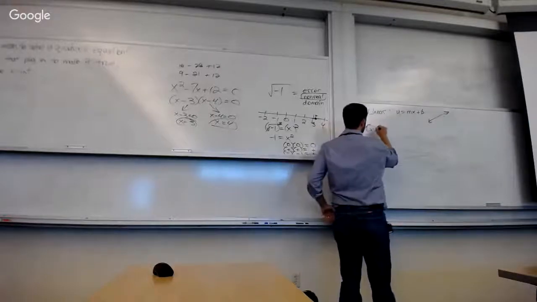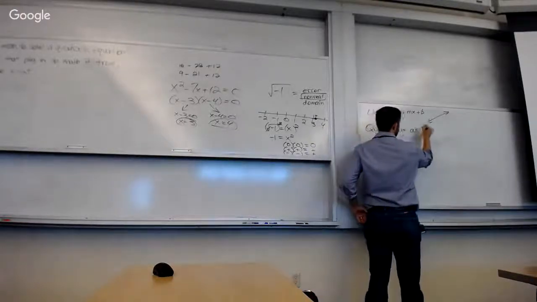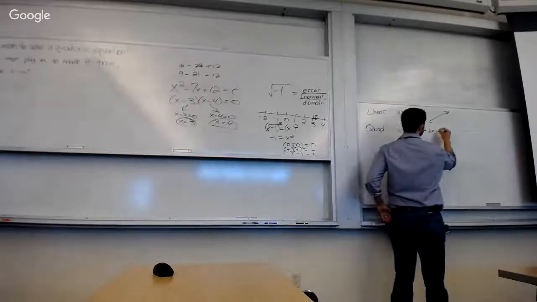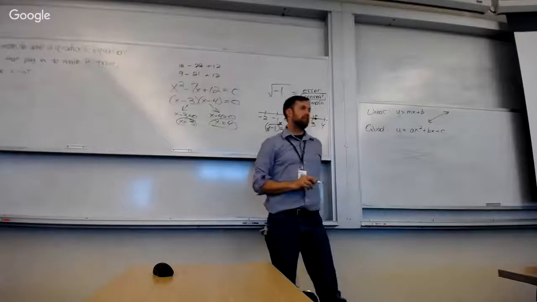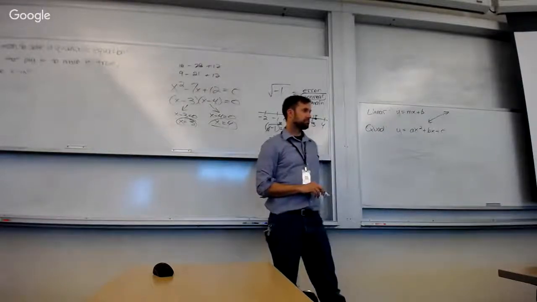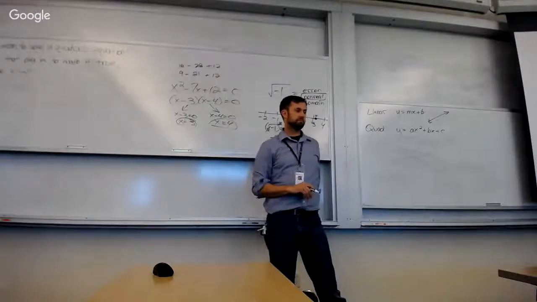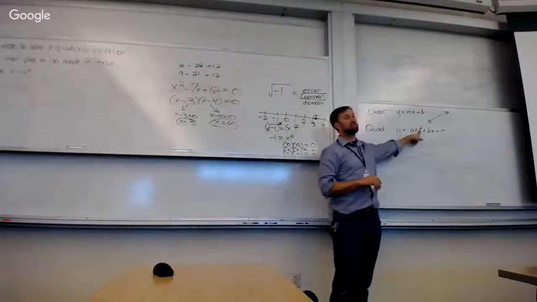So then what's a quadratic equation? It's ax squared plus bx plus c. And why do we use the word quadratic? Yeah, because quadra means square, and we're referring to this term right here.